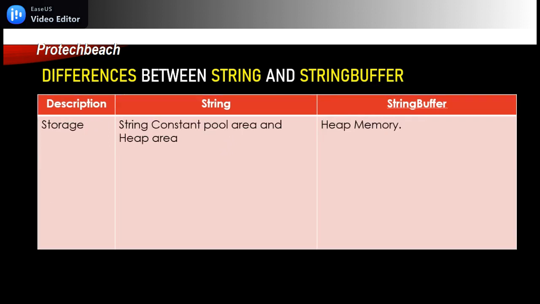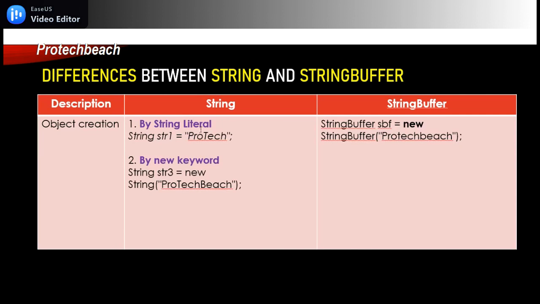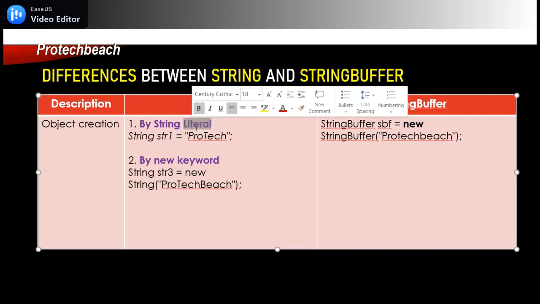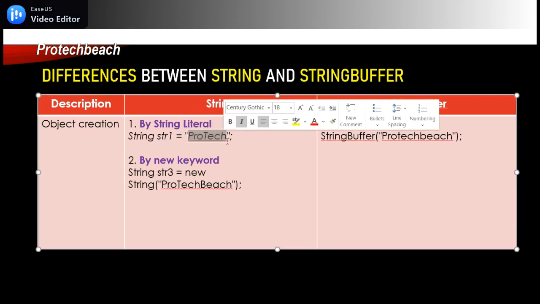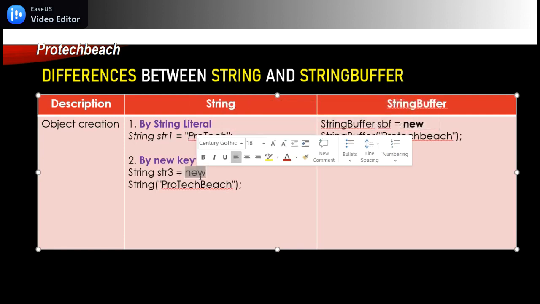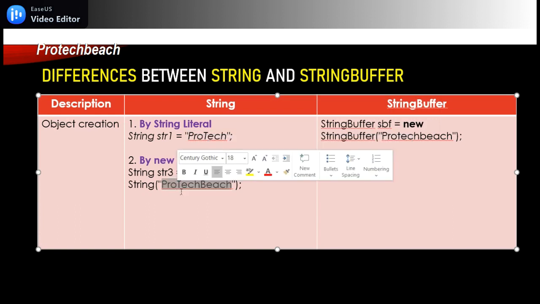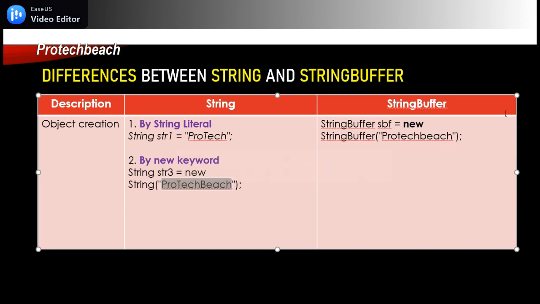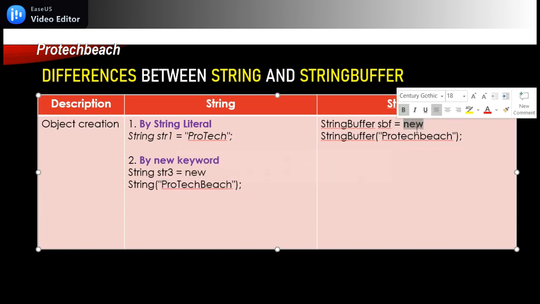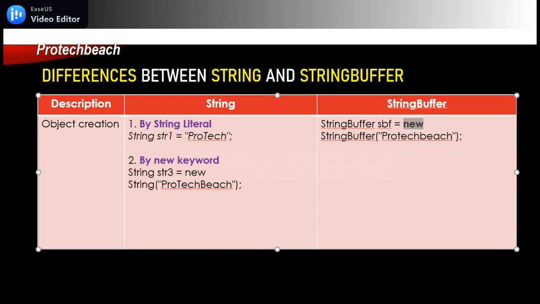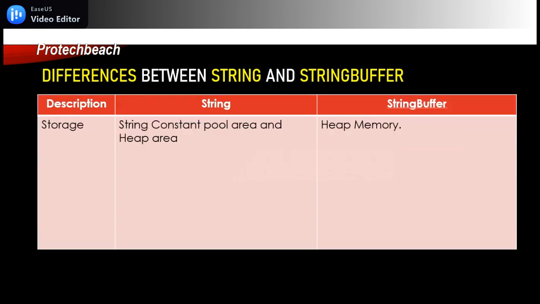Once we create a string object using literals, with the double quote, this object will be stored in the string constant pool. But if you create a string object using the new keyword, this object will be created in the heap area. But in case of string buffer, it always creates the object in the heap area. That's how we can relate it to the storage area.